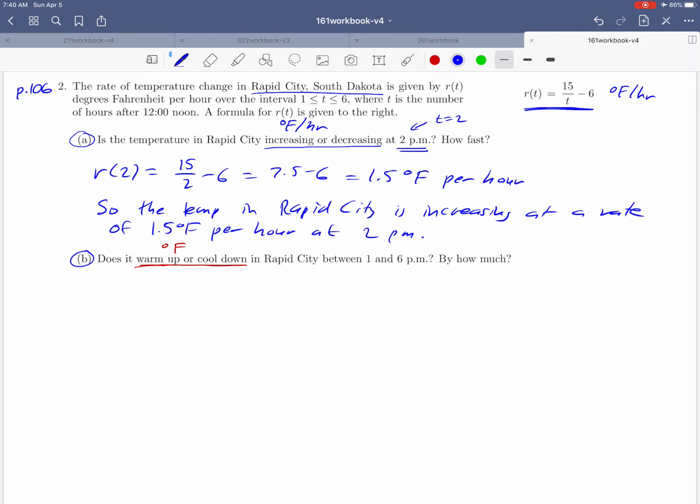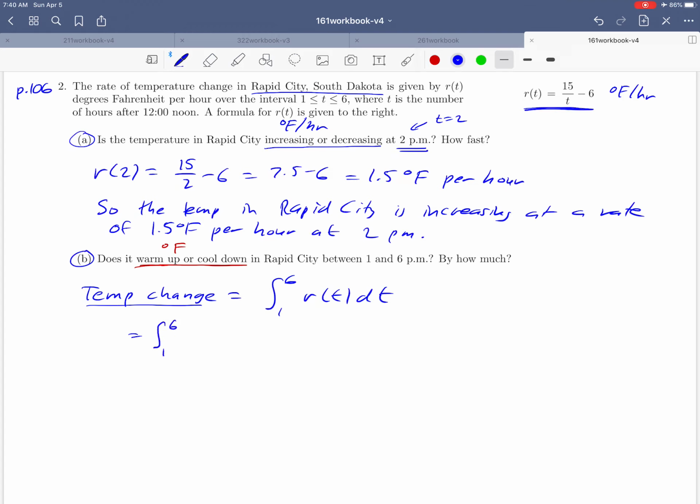So we can answer this question by integrating the function we were given. The function is a rate of change, so it's kind of like a derivative. We're going to integrate R of t from 1 to 6, because the integral of that rate of change should give us the total change, which is what we're being asked for.